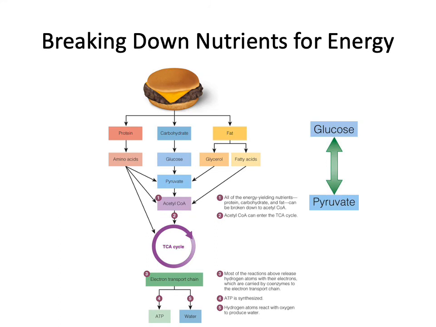Glycerol feeds into pyruvate, so we can convert glycerol into sugar. However, that's a pretty minor component of fat. Okay, once this feeds into the TCA cycle, then eventually we're going to go through the electron transport chain and produce ATP.